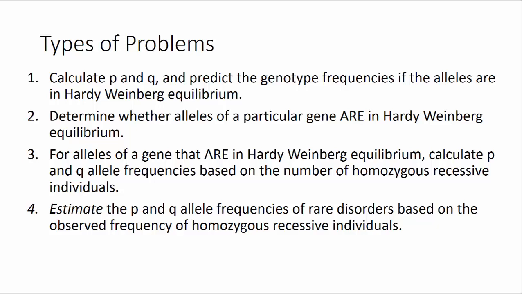For certain alleles that are in Hardy Weinberg equilibrium, I will go over strategies to determine the allele frequencies. And then finally, I will go over examples where the Hardy Weinberg equilibrium can be used to estimate the allele frequencies of disorders, even if those particular alleles are not in Hardy Weinberg.